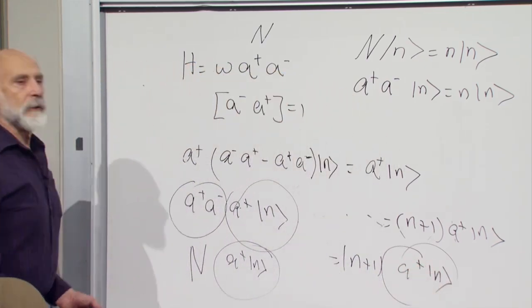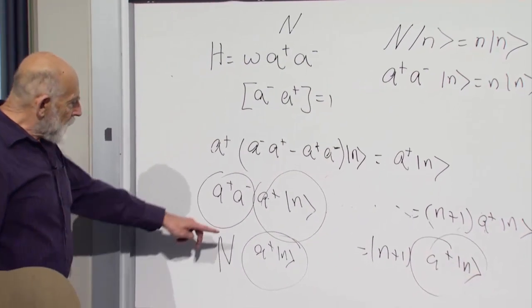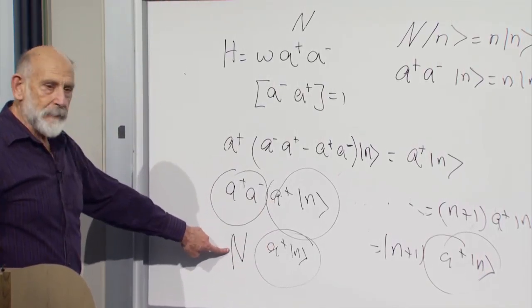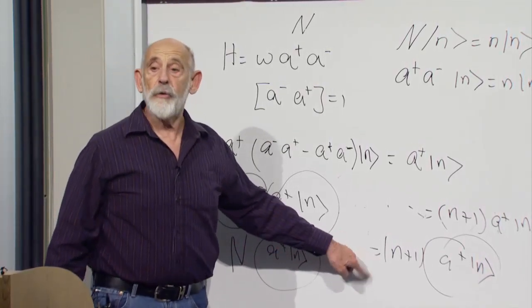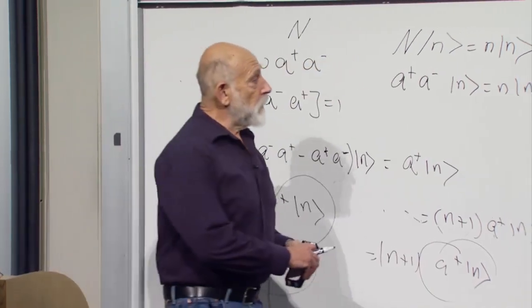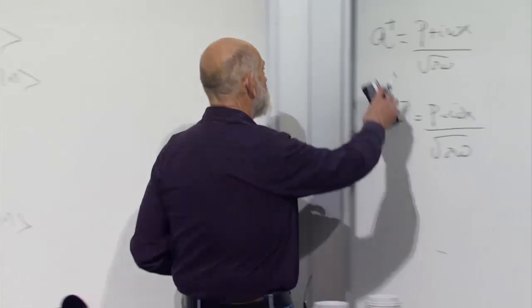So guess what I found? Pretty much what was expected, that the raising operator gives me a new eigenvector of capital N with an eigenvalue 1 unit up. Okay, so here's what we found pictorially.